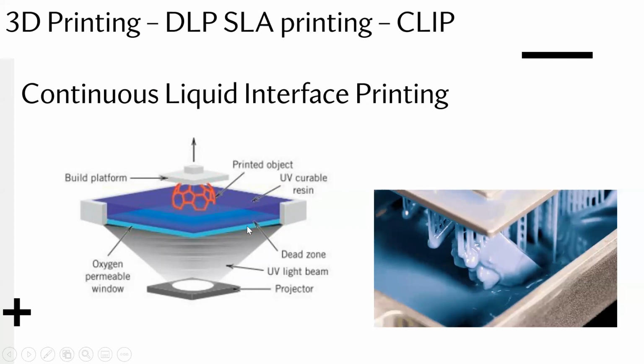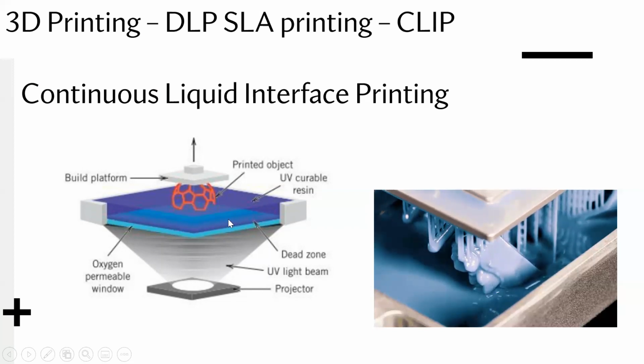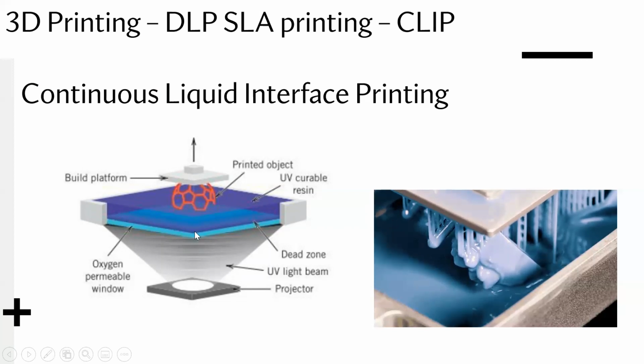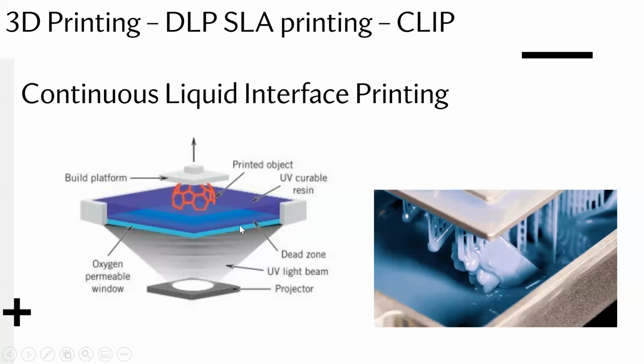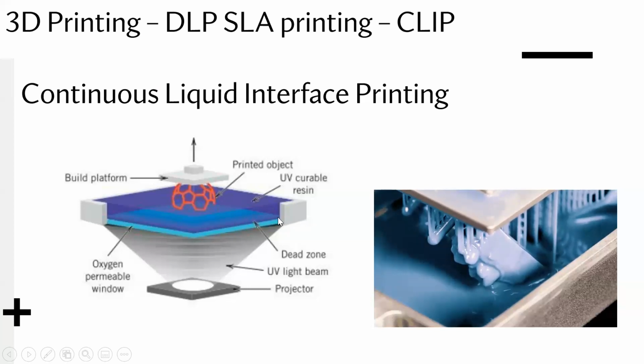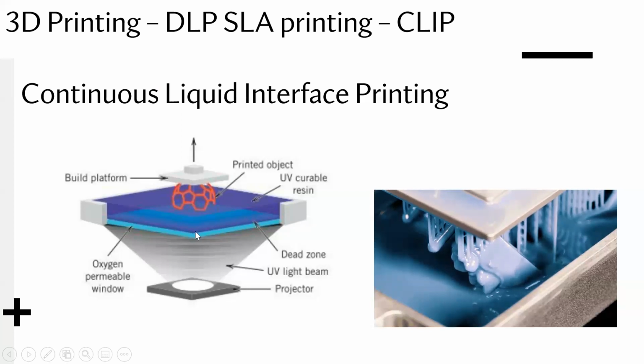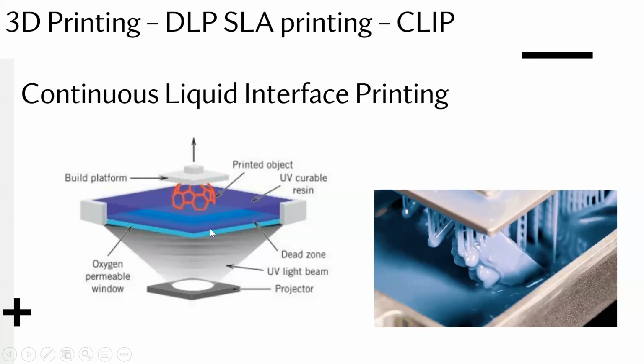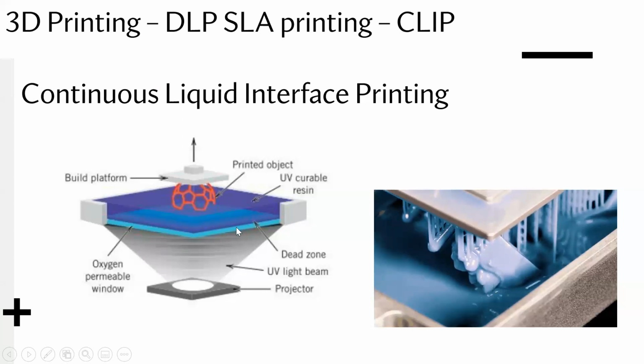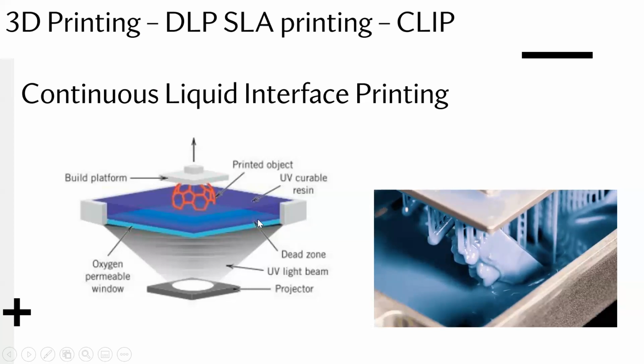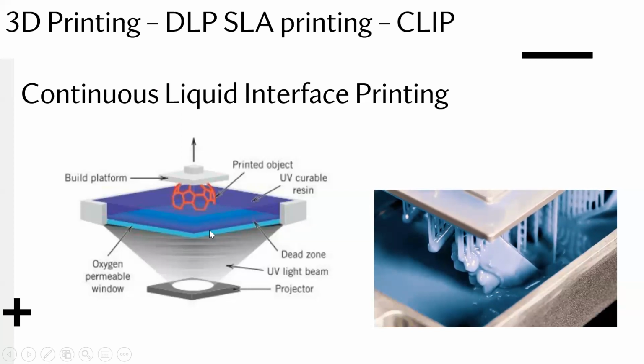In the very close neighborhood of this window, you can have an oxygen-rich layer just next to the window, and that oxygen-rich layer, which is constantly maintained with oxygen from the environment, because this window allows oxygen to get through pretty easily, would actually quench and inhibit any sticking to the glass. More basically, what that means is that no cross-linking would happen right next to the glass because of the abundance of oxygen coming from this oxygen permeable window.